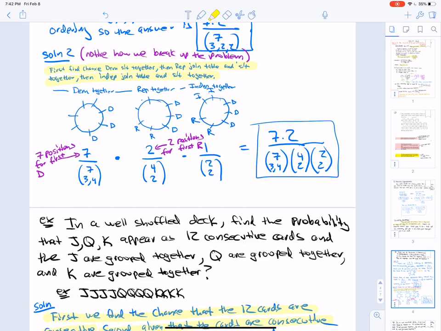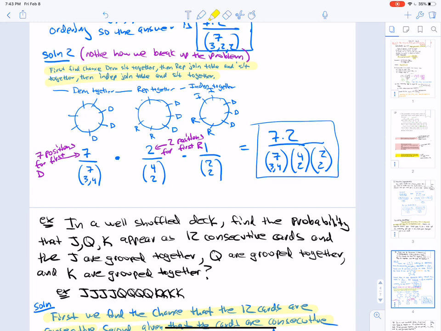However, the Democrats could be sitting in, starting in seat 1, seat 2, seat 3, all the way to seat 7, because the table goes in a circle. So we'll have 7 possible positions for that first D. So that's the chance that the Democrats sit together, and the others could be anything. But now, next we're going to require that the Republicans sit together, given that the Democrats sit together.